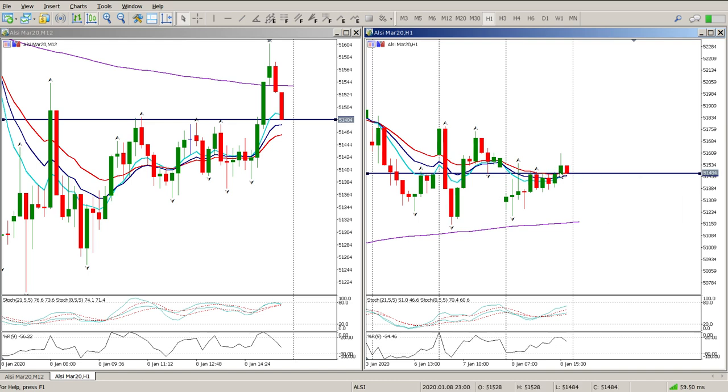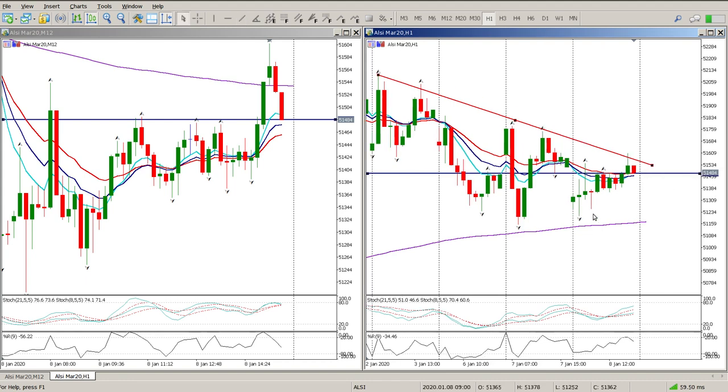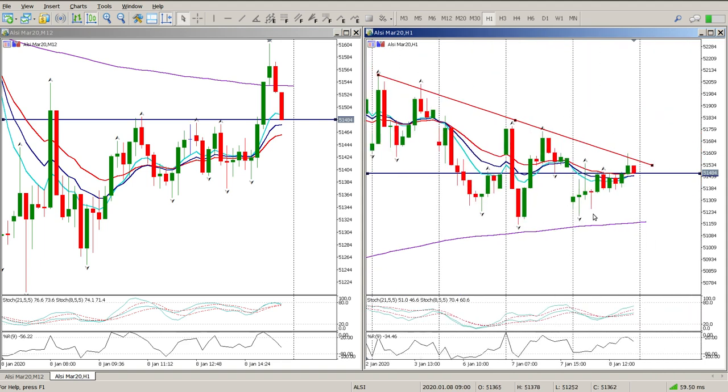If we can stay above it today, that would more than likely signify a move to the upside. But we do have this fairly strong trend line that we need to pay attention to as well. And looking at that, the confirmation is only going to come once we break above 51750.